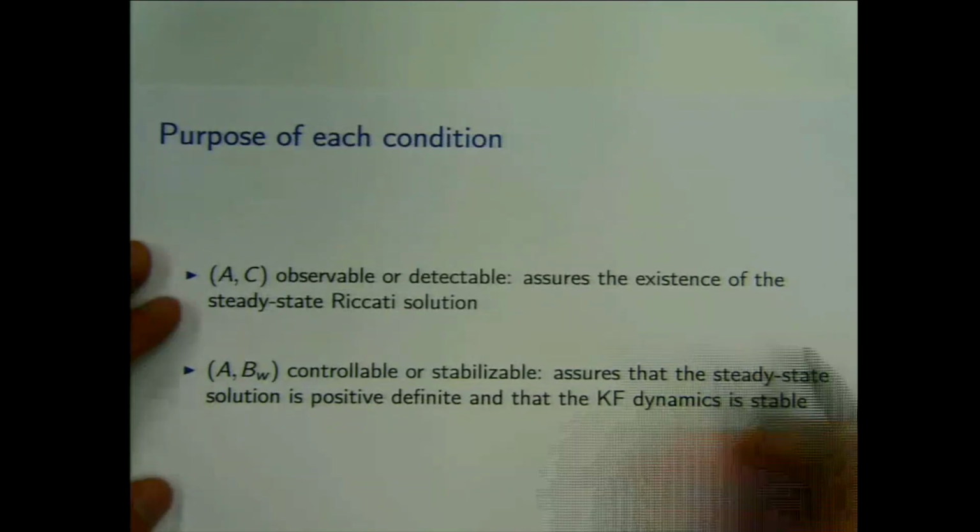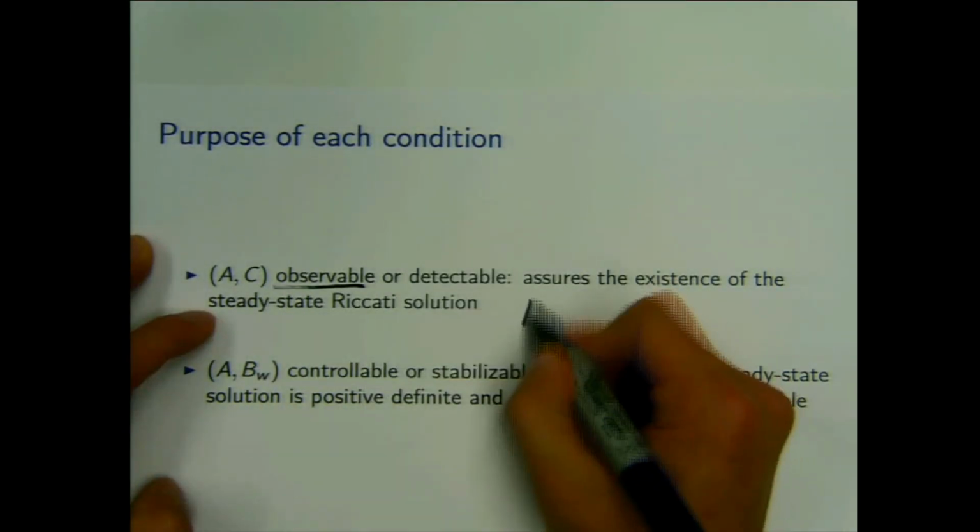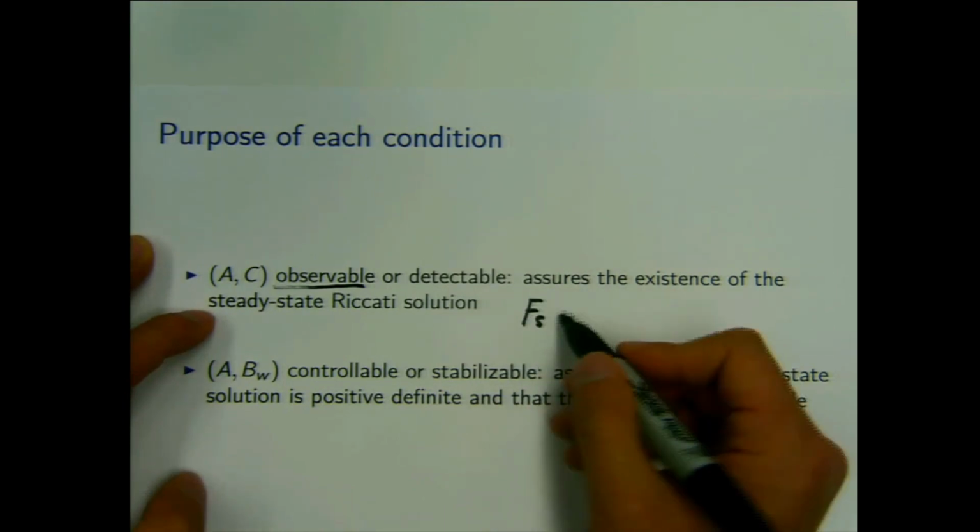To summarize today's lecture, I will conclude on the benefits of the Kalman filter. We talked about how, under observability assumptions, we can use a constant update matrix to update the Kalman filter.